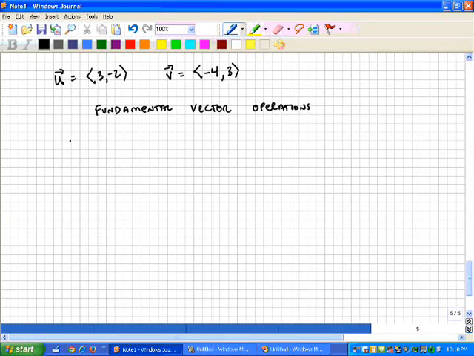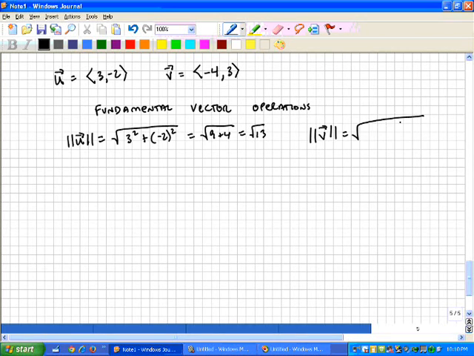You've already learned to find the magnitude of u and v. The magnitude of the vector u is the square root of its horizontal component squared plus its vertical component squared, or the square root of 9 plus 4, square root of 13. The magnitude of the vector v is the square root of its horizontal component squared plus its vertical component squared, or the square root of 16 plus 9, the square root of 25, or 5.